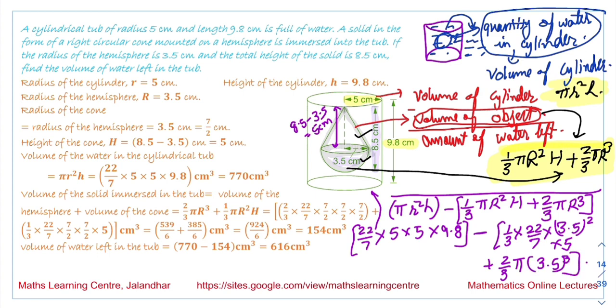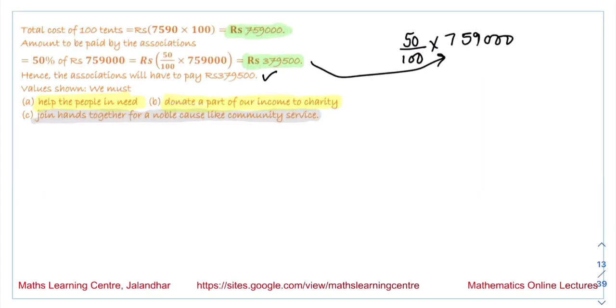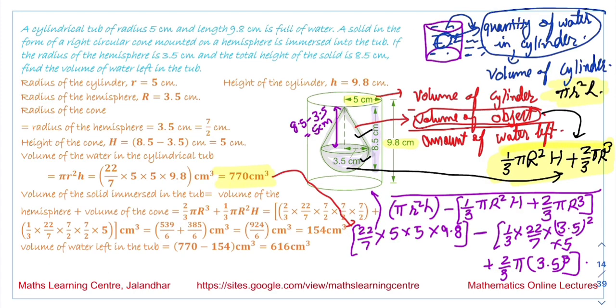So when we solve these calculations, they are shown over here. When we multiply these values, this is the volume of the cylinder that we will get. On solving these two values, we get 154 centimeter cube as the volume of this object.